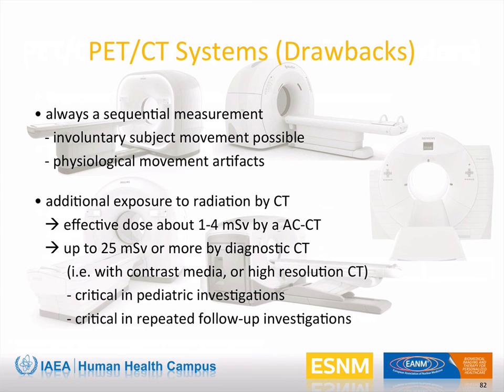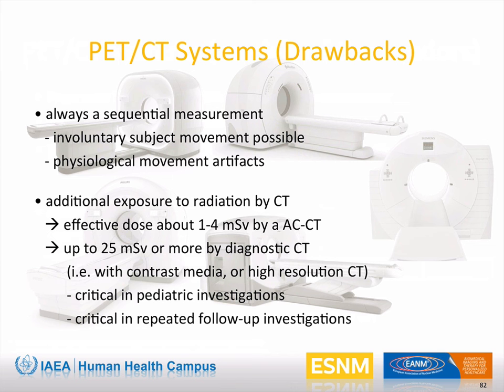In the last 15 years, PET-CT changed the rules of nuclear medicine, with an impressive image quality improvement with respect to standalone PET. On the other hand, some drawbacks are still present. PET-CT is always a sequential measurement, and involuntary subject or physiological movement are possible, leading to movement artifacts.